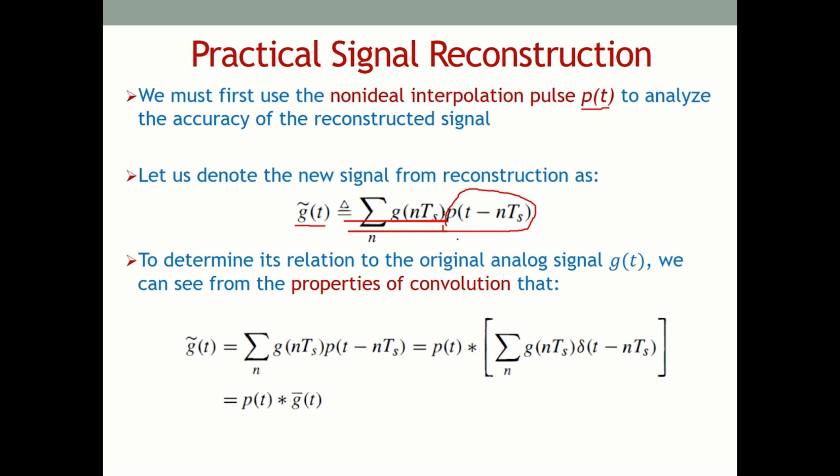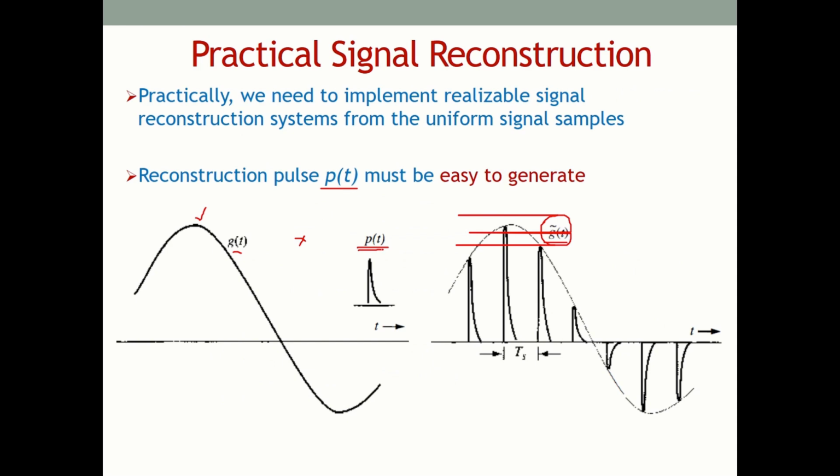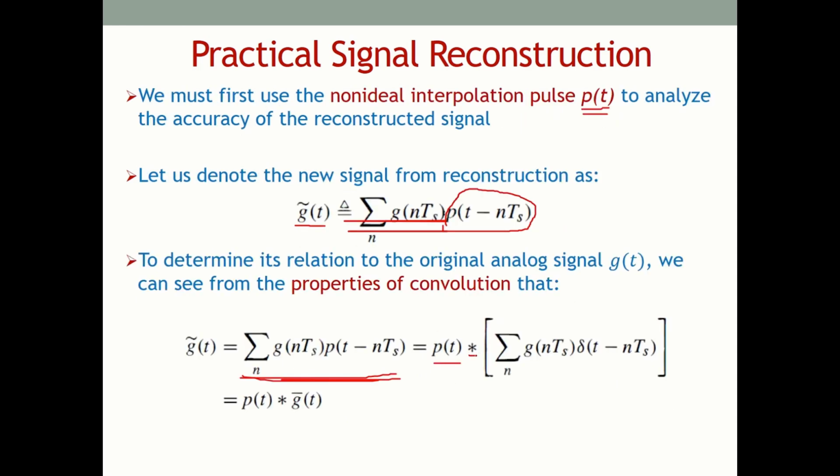So this is not impulse train sampling, it's sampling using a pulse p(t). This is represented here. Mathematically, we can see that this is equivalent to the pulse p(t) convolved with the previously known expression used for impulse train sampling. Inside this we have impulses.